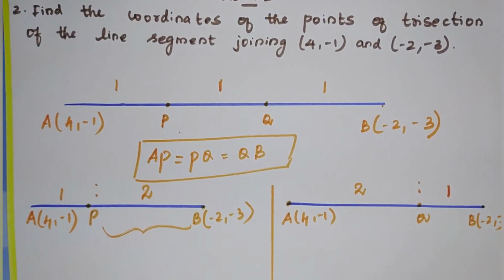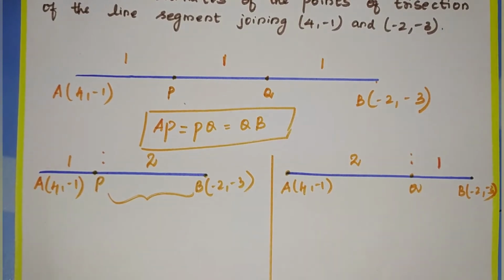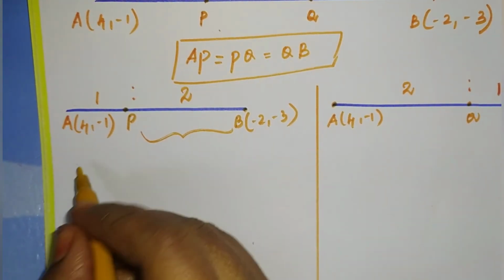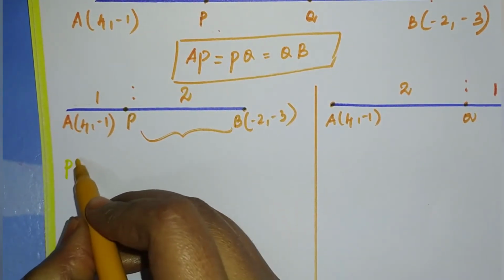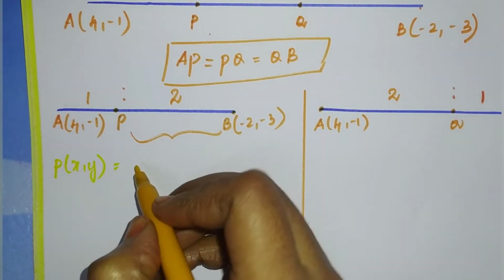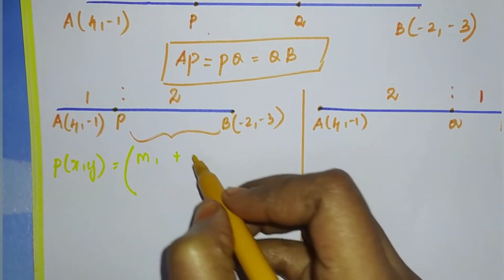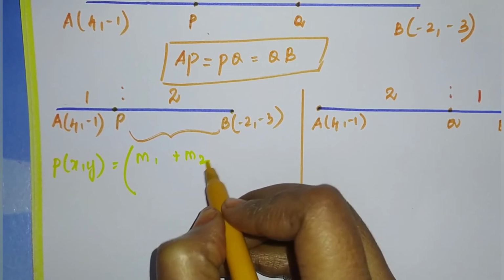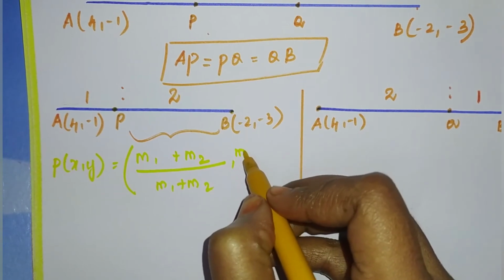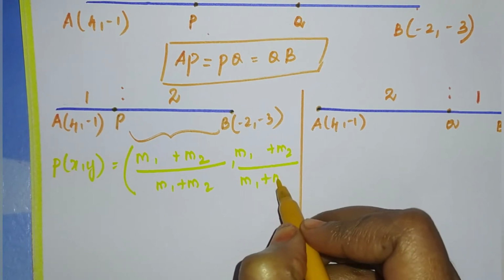Clear all of you children? Is there any doubt? No. So first write the formula. P of x comma y is equal to m1 x2 plus m2 x1 divided by m1 plus m2, comma, m1 y2 plus m2 y1 divided by m1 plus m2.